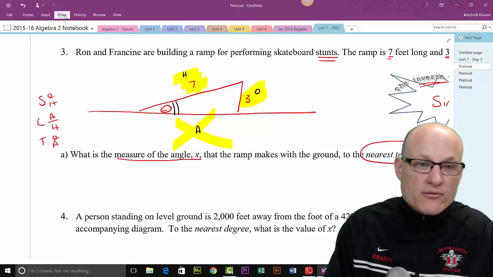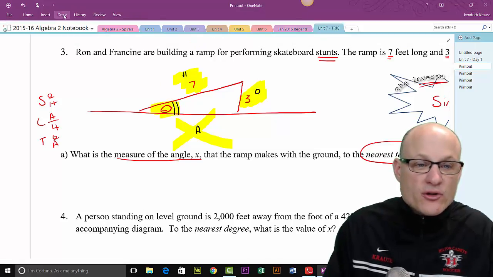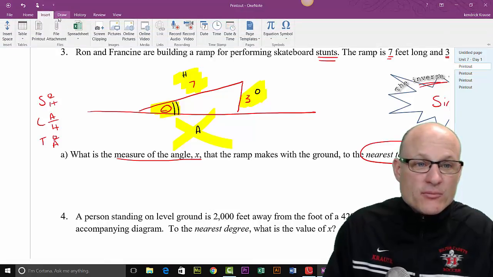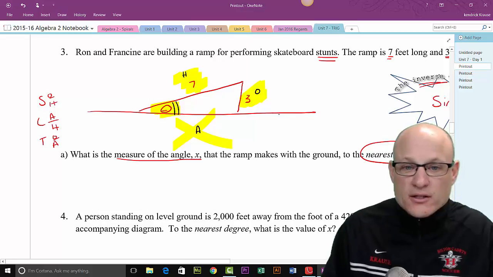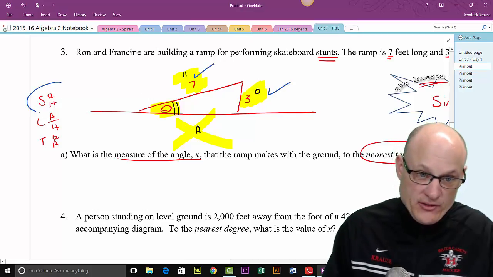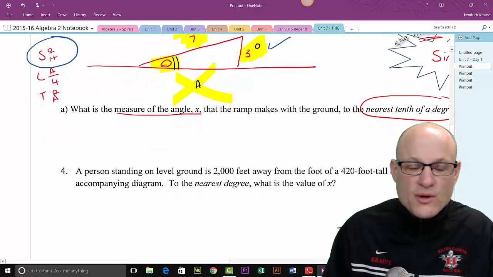The only thing I'm looking for is my angle. So the two sides that are in play are O and H. O and H says use sine. So I know that sine of theta is equal to opposite, which is 3, over hypotenuse, which is 7.